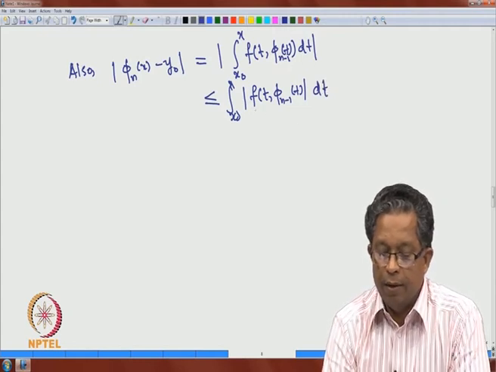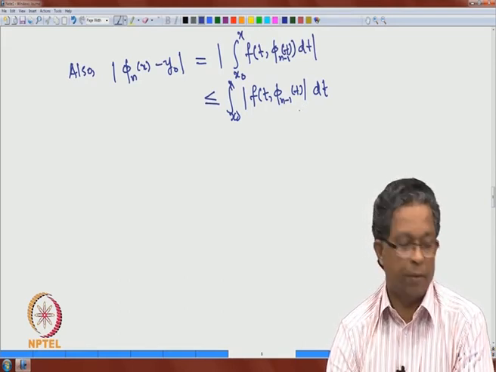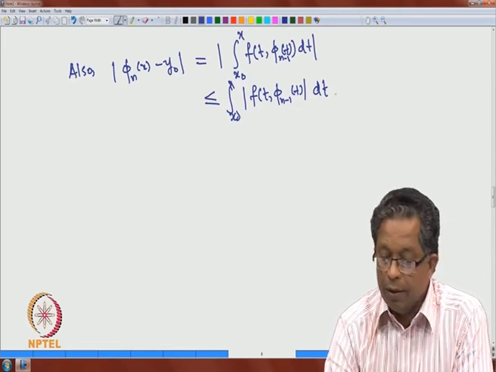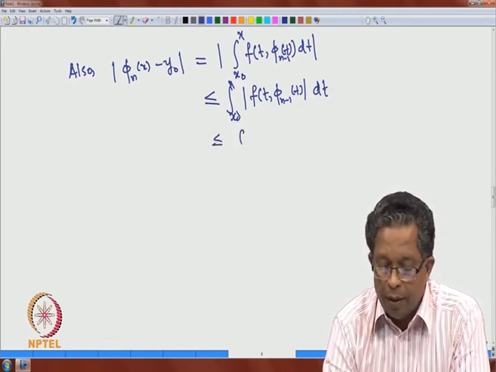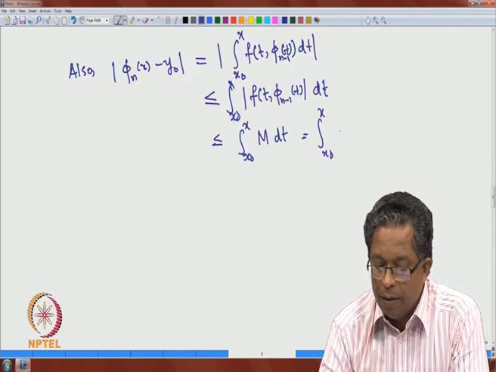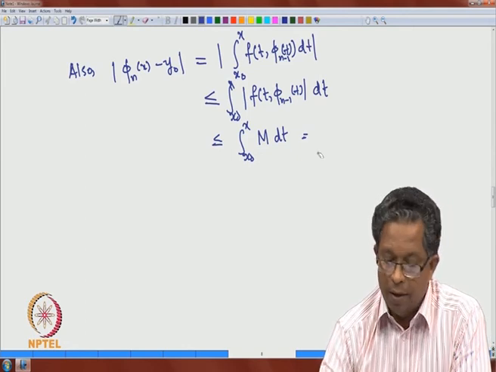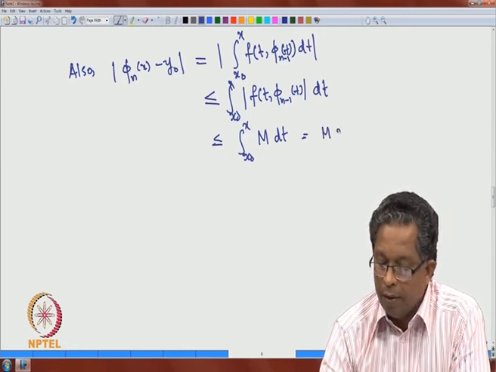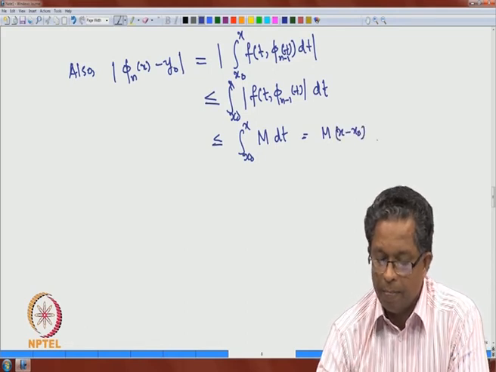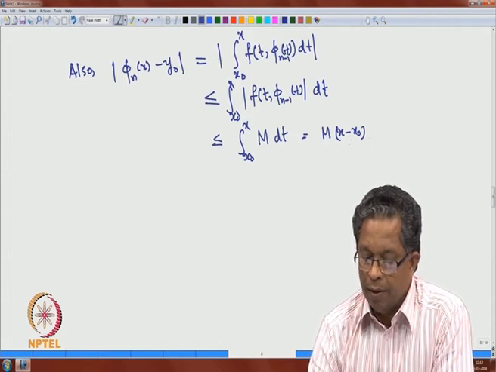We have seen that f of t, phi n minus 1 t is bounded by a constant M. So, this is less than or equal to the integral from x0 to x of M dt. We can straight away integrate this and get M times x minus x0, and x minus x0 is less than or equal to h.